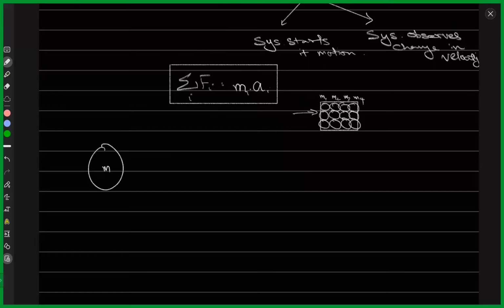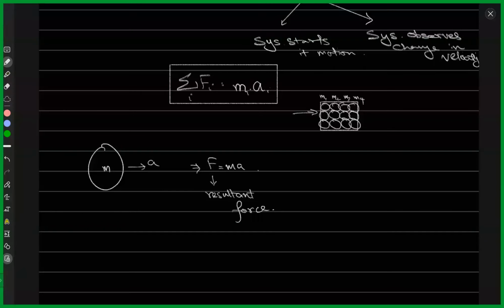If you take the product of this mass and its acceleration, that gives you F equals ma. So I'm just telling you what you already know. The point to be noted here is that this force is the resultant force, or the unbalanced force, exactly, right?